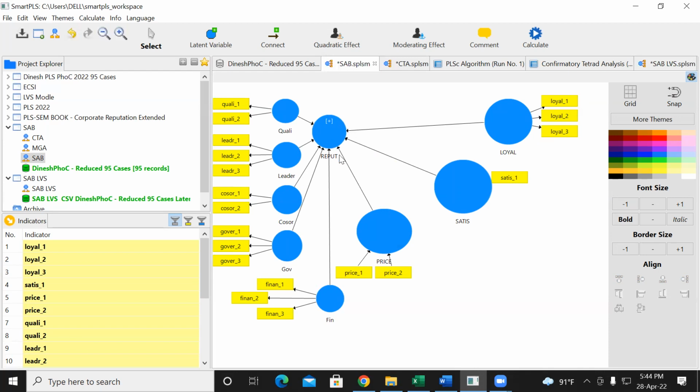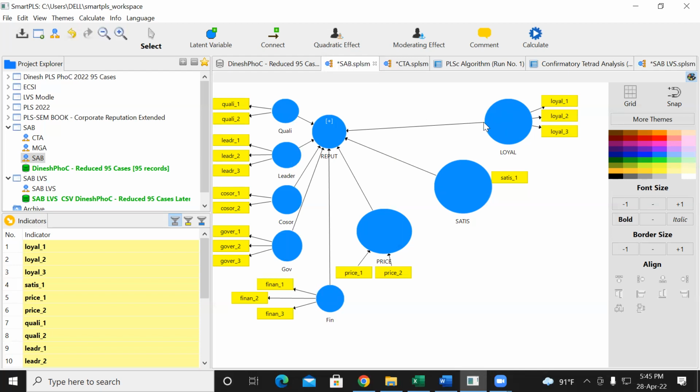Do you understand? Yes. Now you can see at the second order level this is a formative one, no? Reputation. First order reflective, yes. Now, when you run this model, loyalty, satisfaction, and pricing are taken as independent, and the model also understands quality theoretically like loyalty, as an independent variable.